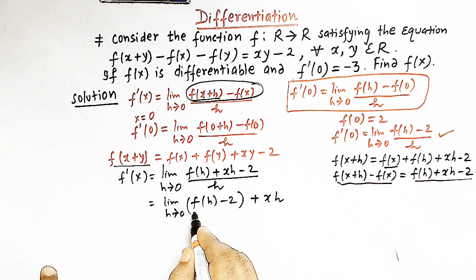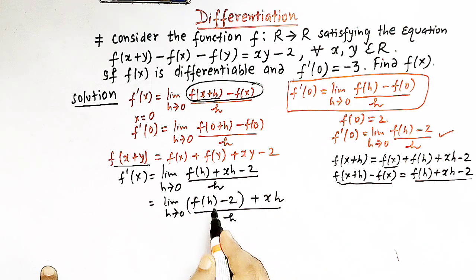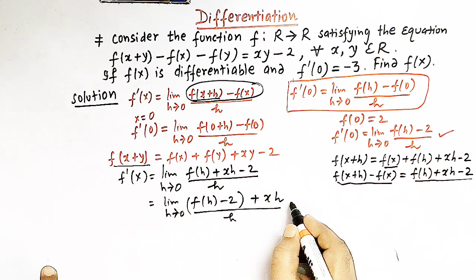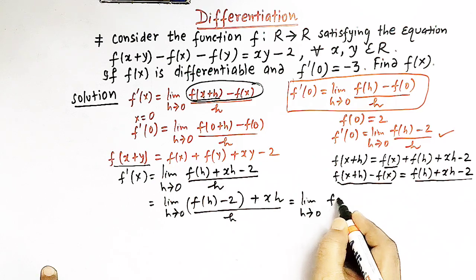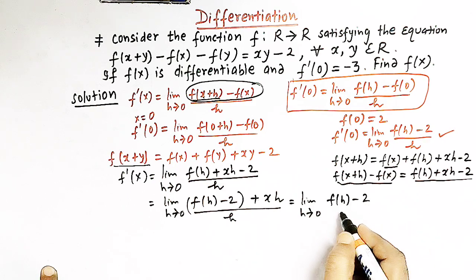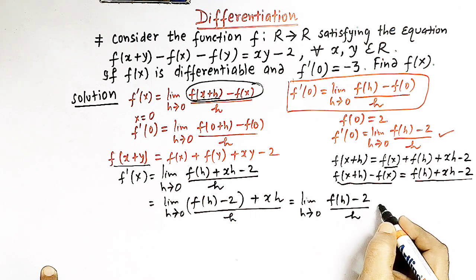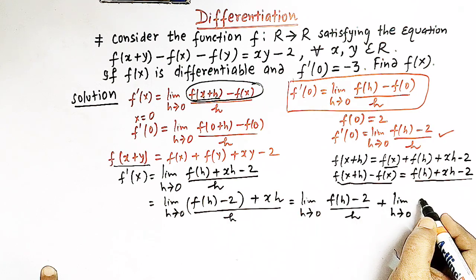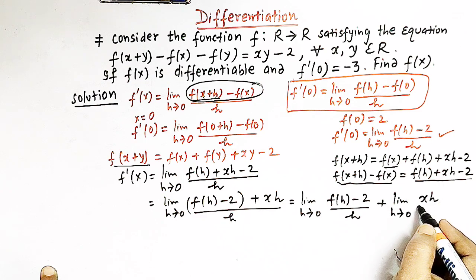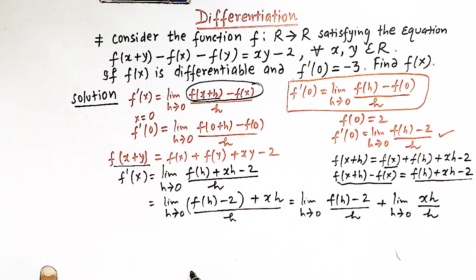Now distributing this h over this term and this term, we have limit h tends to 0, f of h minus 2 over h, plus limit h tends to 0, and we have xh over h, right?